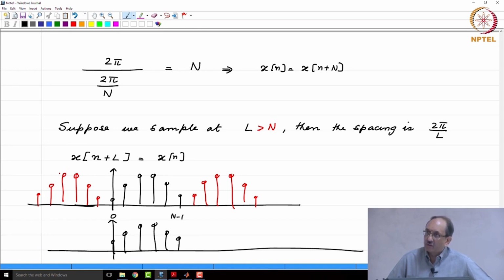So my repetition will occur with a periodicity of period cap L. Therefore, what happened at n in the previous case is now going to happen at index L. Therefore, the repetition will be like this.